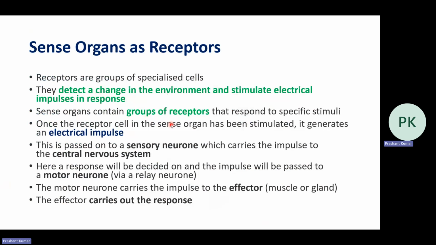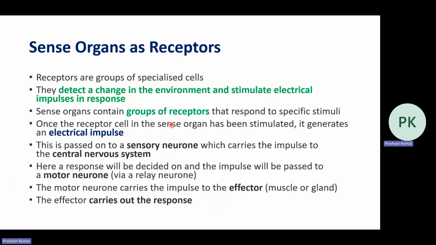Once the receptor cells in the sense organ are stimulated, they start generating an electrical impulse, which is passed on to the sensory neuron, which carries the impulse to the central nervous system. And here, the response will be decided on, and the impulse will be passed to the motor neuron via the relay neuron, of course.